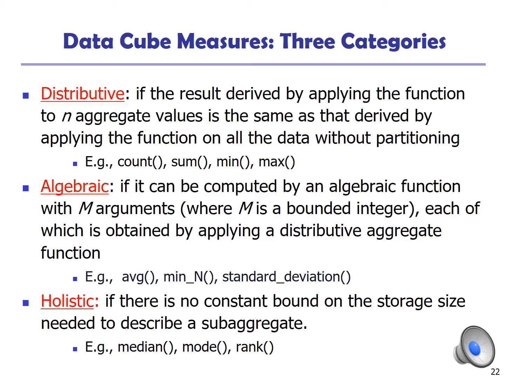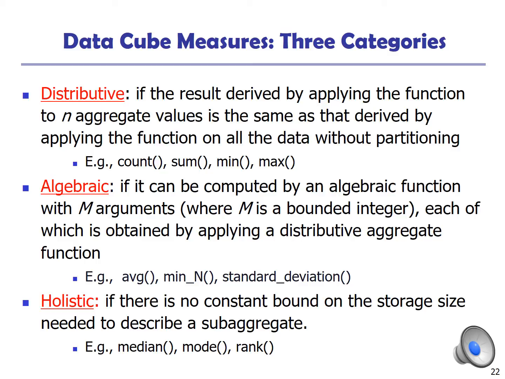The third one is holistic measure. What does that say? If there is no constant bound on storage size needed to describe a subaggregate, that means there is no way to distribute the values and additively find the measure, then it's called a holistic measure. Examples are median, mode, and rank.